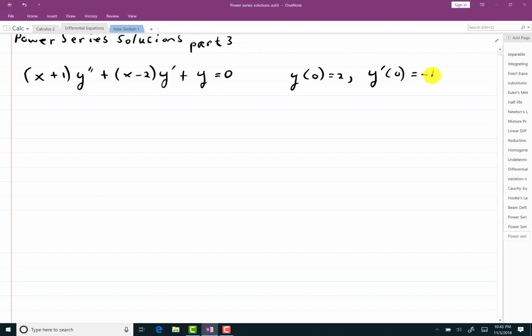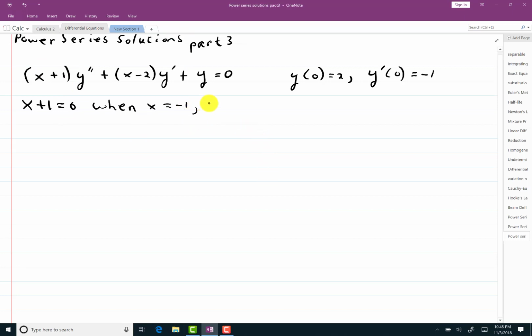Now once again, we have to make sure that we can have a power series solution here. So we look at this x plus 1. X plus 1 equals 0 when x is negative 1. That means it's not 0 when x is equal to 0.